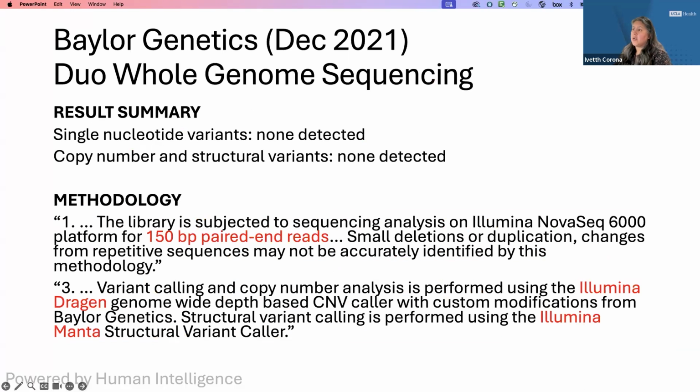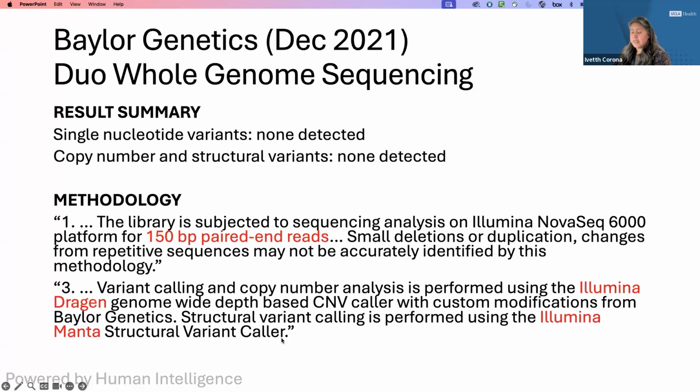First, I'm going to show you the negative results and the methodology of those results, just to have an idea of why I think they were negative. The first one is the whole genome sequencing duo, with 150 base pair reads. In the methodology, they list Illumina DRAGEN to do variant calling and copy number analysis, and Illumina Manta as the structural variant caller.